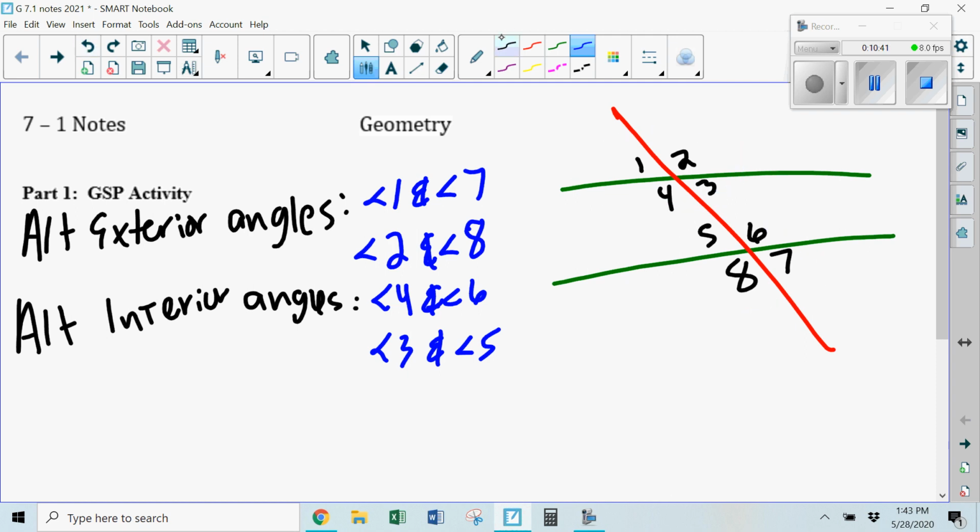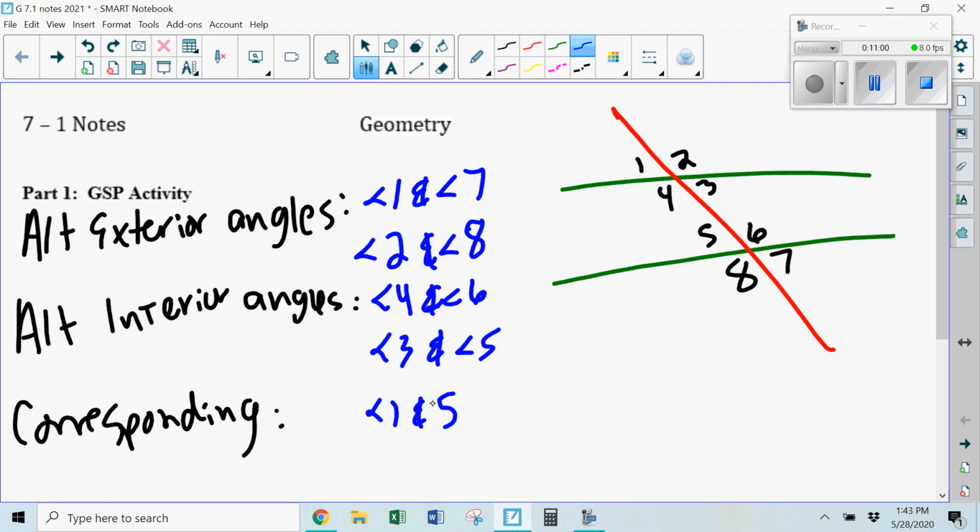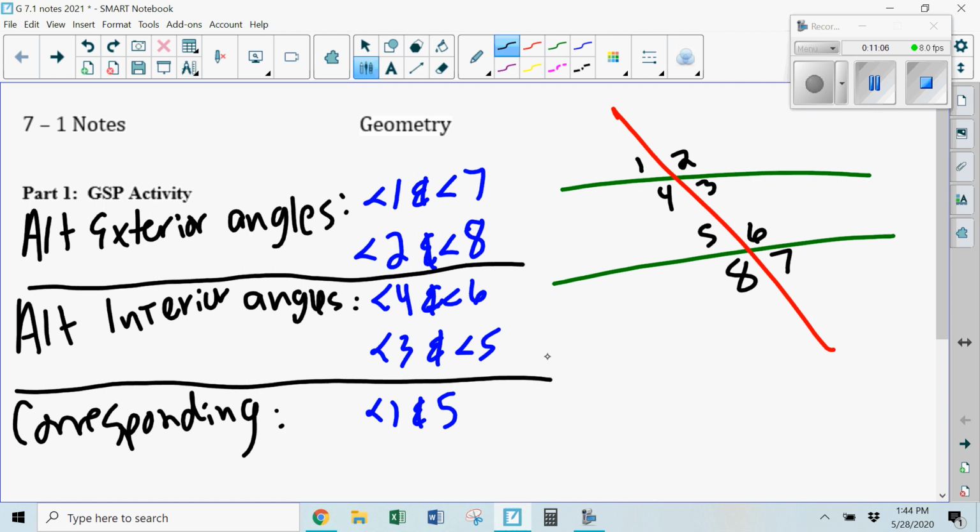The next relationship name we'll go with is corresponding. This is like the same corresponding seat or position. Angle 1 is in the top left and angle 5 is in the top left. So those are corresponding. Angle 2 is in the top right, 6 is in the top right.